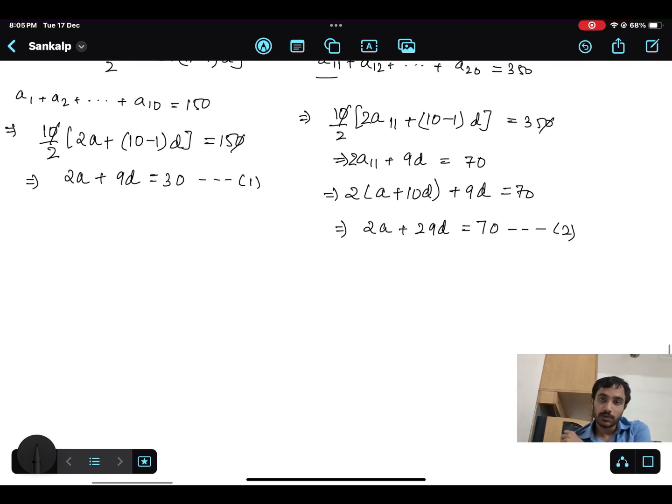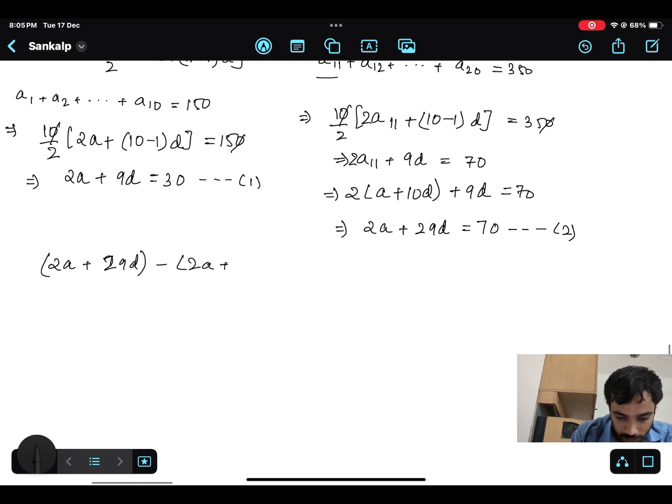If we subtract equation 1 from equation 2, we'll get 2a plus 29d minus 2a plus 9d equal to 70 minus 30. So the 2a will get cancelled and 20d will be equal to 40.